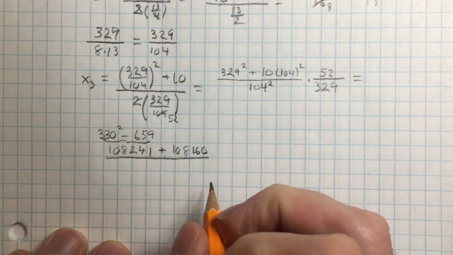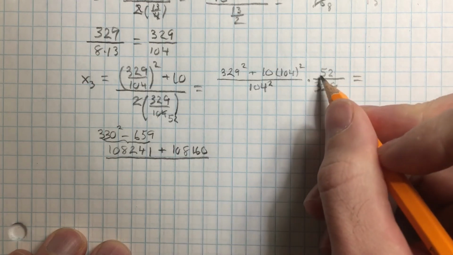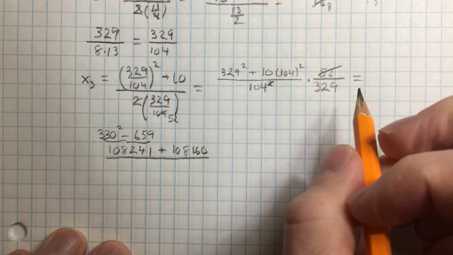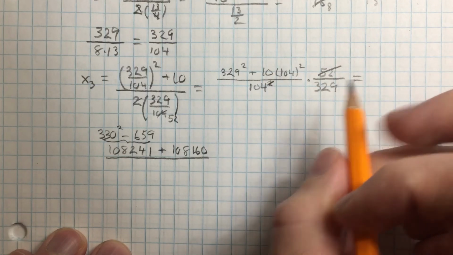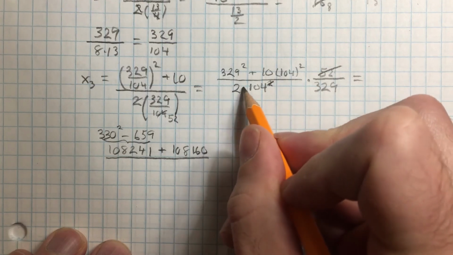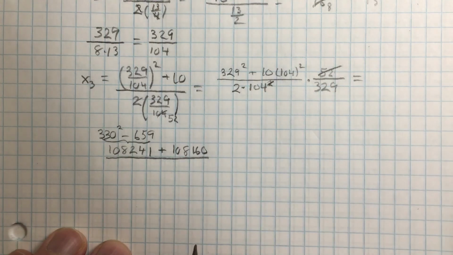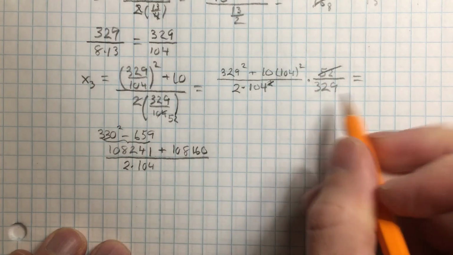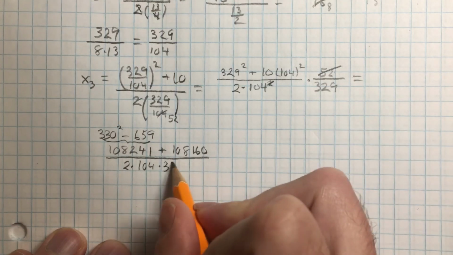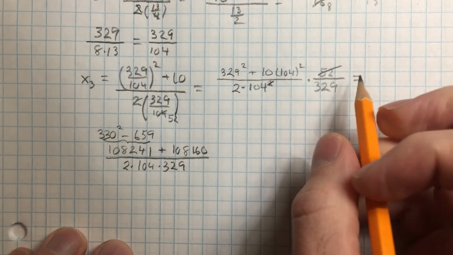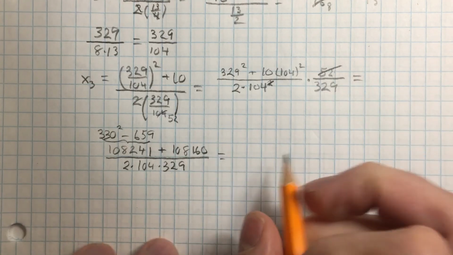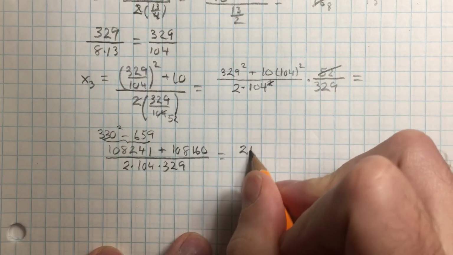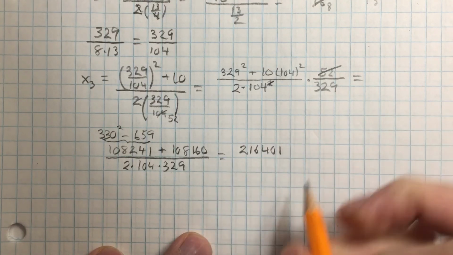All right. And this 52 can cancel with one of these 104s, which is good, and leaves us a 2. That's very helpful. And so we'll have 2 times 104 times 329, and I don't have to worry about multiplying by the 52 anymore. So we're almost there now. The numerator should be, it's just a simple add, 216401, if I looked at it right.